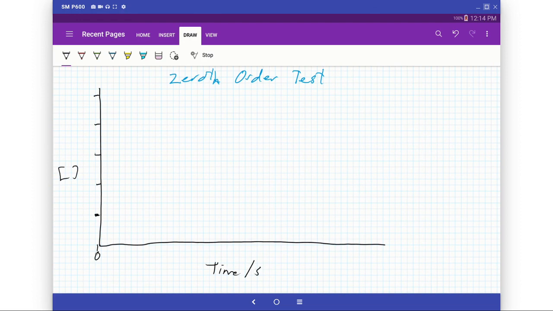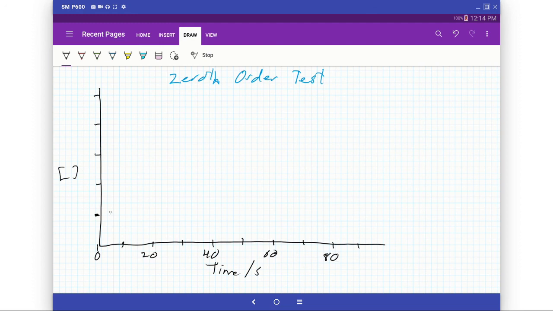So 0, 20, 40, 60, 80. We only need to go to 70, but we're good.